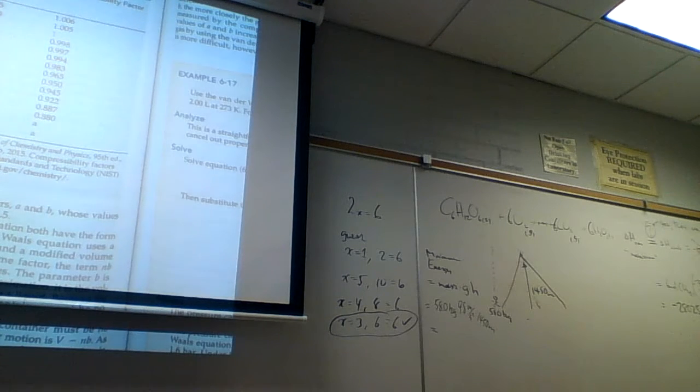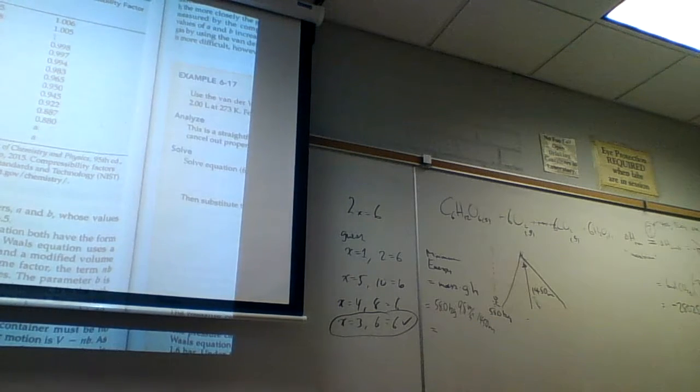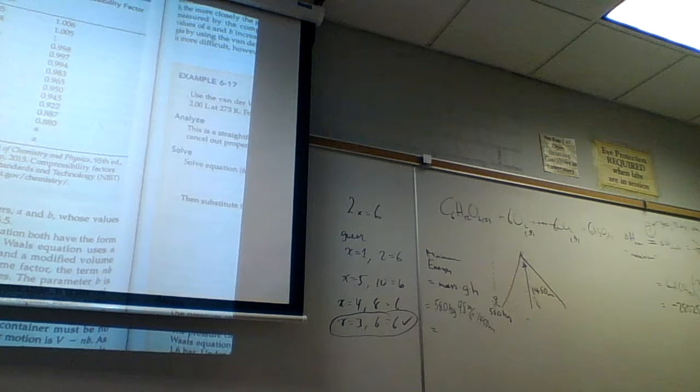The worst one looks like propane. Propane has a 9.39 A value. Okay.